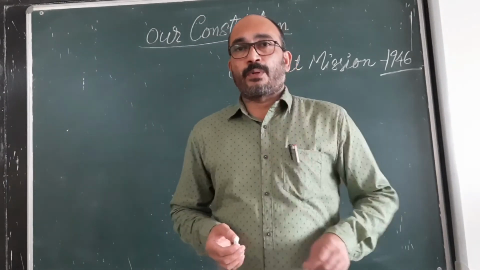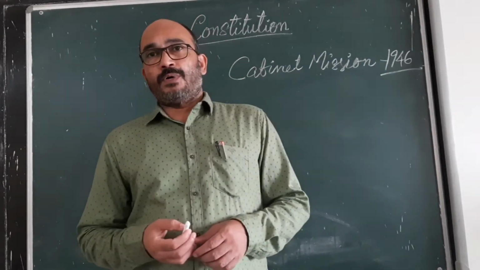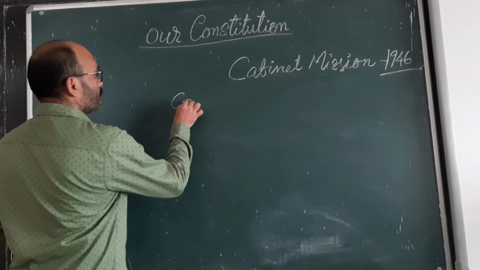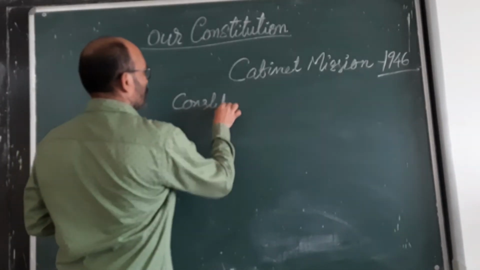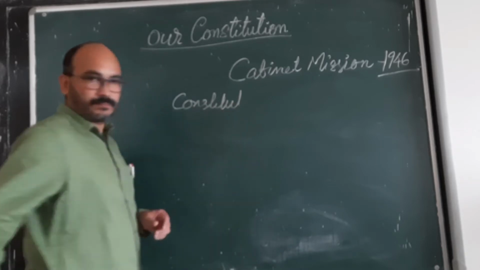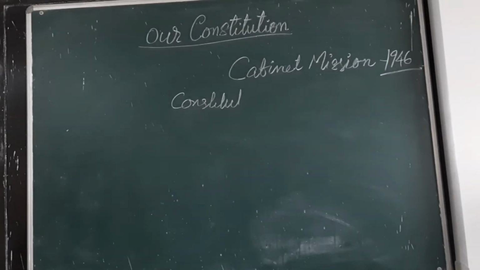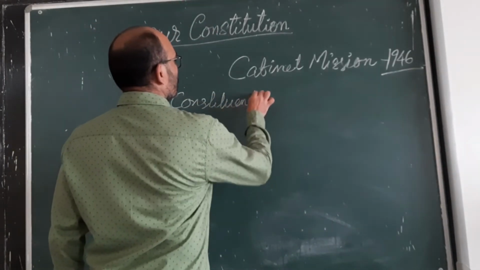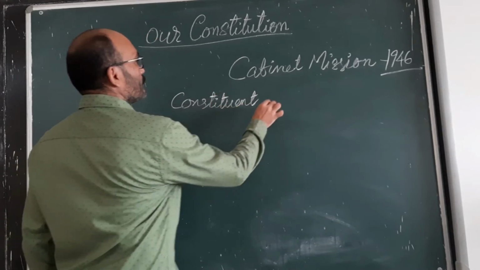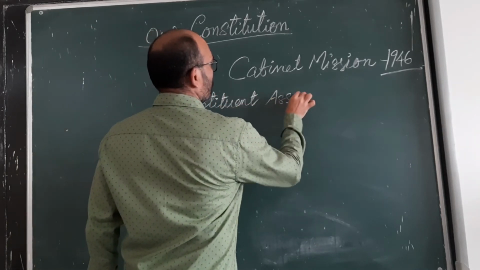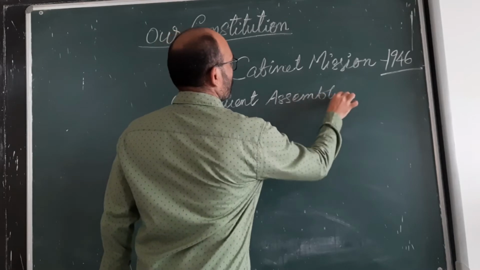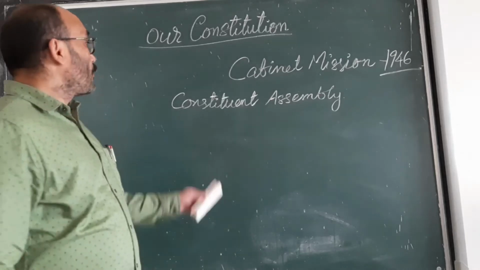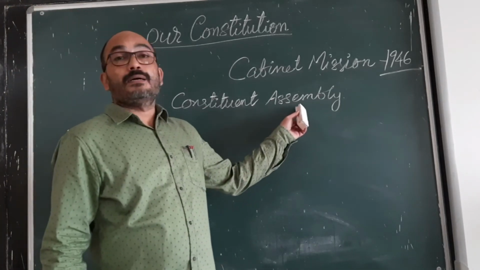One of the most important proposals laid out by the Cabinet Mission was the formation of a constituent assembly. The Cabinet Mission laid a proposal for making a constituent assembly.